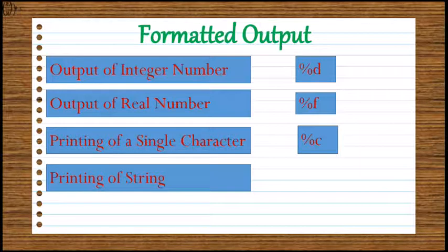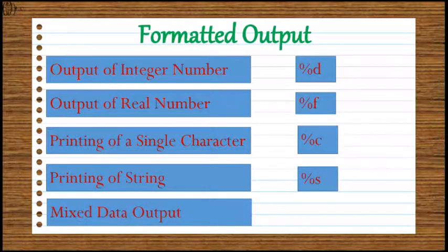Next one, printing of string. The format specification for printing a string is %s. For example, printf %s and then name. So whatever value stored in name, while outputting it will be printed.